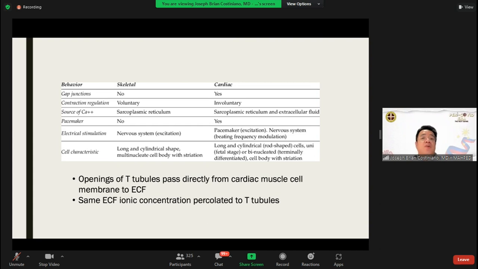Okay? So, your cardiac muscle cell also has its own pacemaker, as opposed to skeletal, wala siyang own pacemaker. Hindi siya paced, so wala siyang rhythmicity. Okay, so cell characteristic, binucleated, and then with striations for both skeletal and your cardiac muscle.